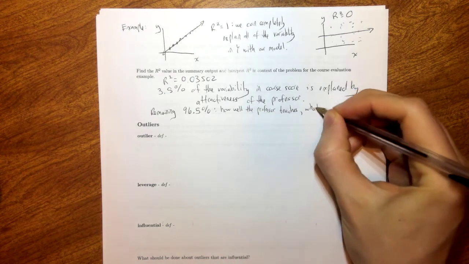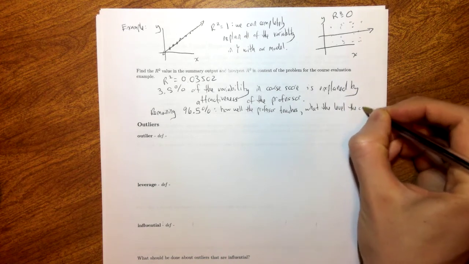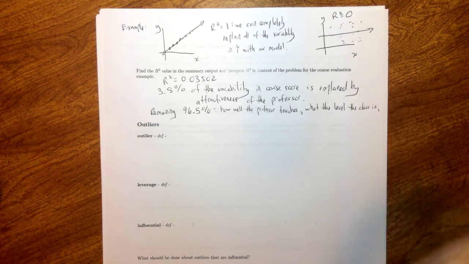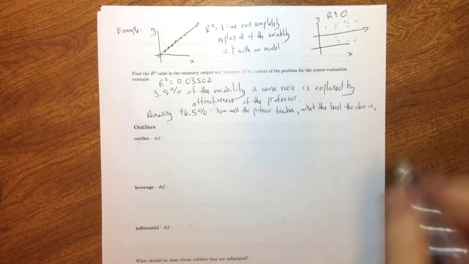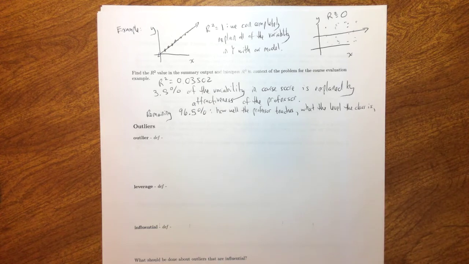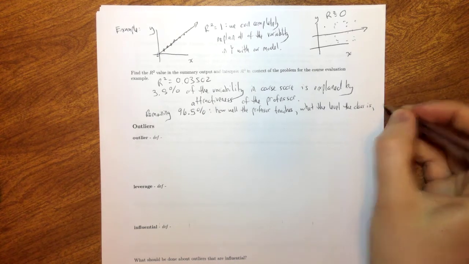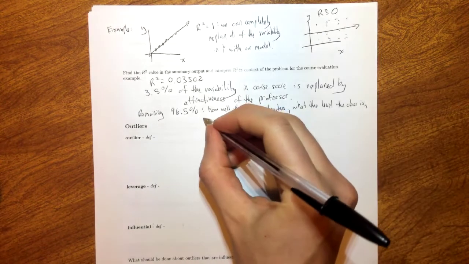Some other common ones that arise: what level the class is, meaning that typically introductory courses tend to get lower ratings than more advanced courses. And there could be many reasons for that. Interest could be one, but there are many other possible reasons.